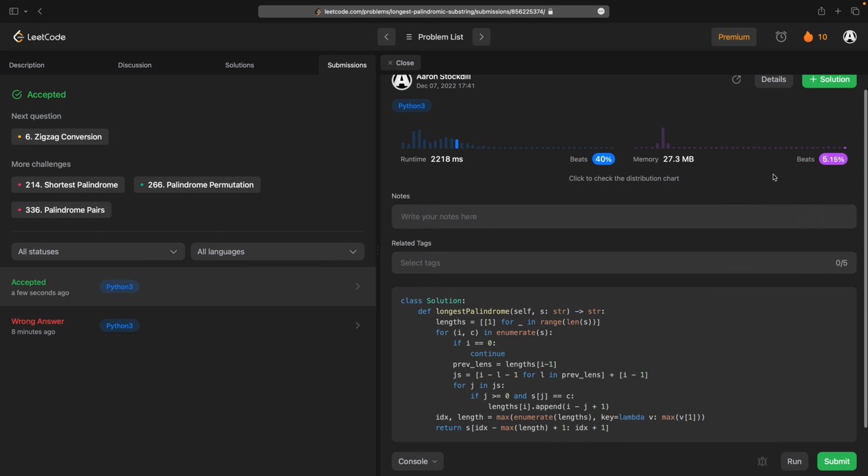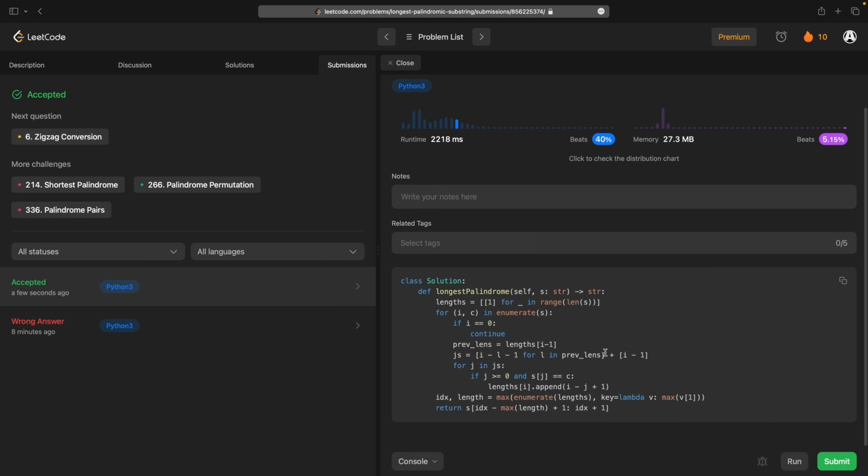No idea what's going on with our memory. We're apparently using lots and lots of memory. I suspect we probably don't need to maintain every length, but I'm maintaining every length. Anyway, this was a little more tricky than my gut instinct said it was going to be, because I had forgotten the case where all the characters could be the same, which makes my palindromes a lot more subtle to try and detect.